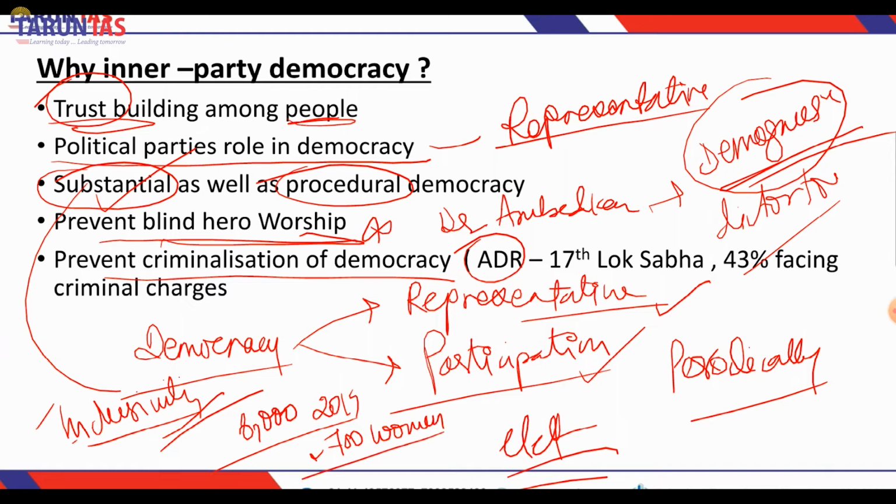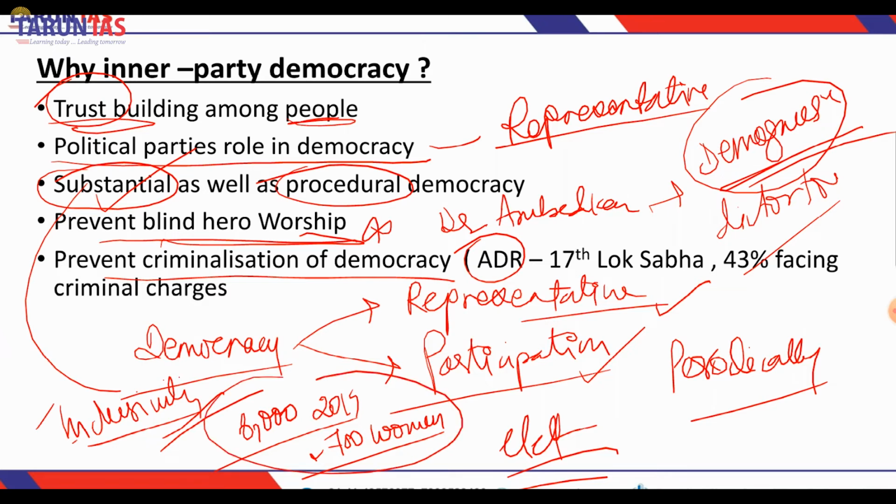So there is no inclusivity when it comes to contesting elections, even when it comes to having a procedural democracy. And if we do not have the substantial democracy, then the procedural democracy can also not be established in a country. So this is one fact.